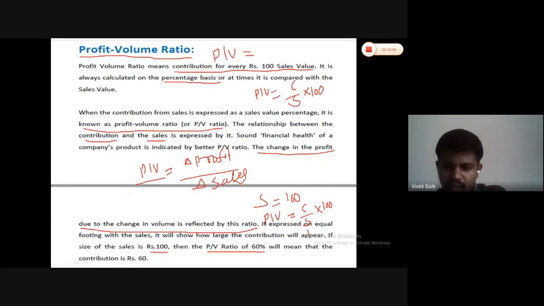Here the amount of contribution is not given. The amount of sales is 100, multiplied by 100. And what is the PV ratio? PV ratio is 60%. So for percentage, the 100 is cancelled, and therefore PV ratio remains 60%. It means your contribution is 60 rupees as compared to your sales.